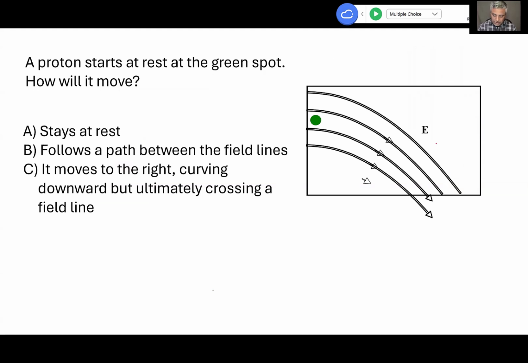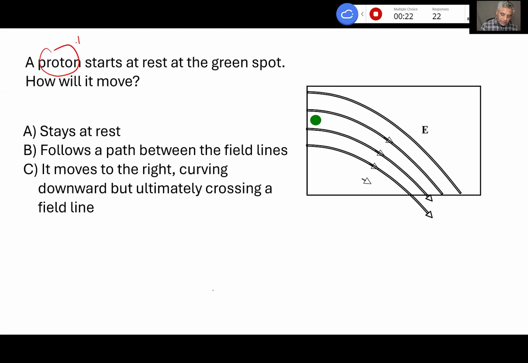There is one question similar to that one. So what do you think? And again, you have a total of 1 minute for this. Proton means positive charge.